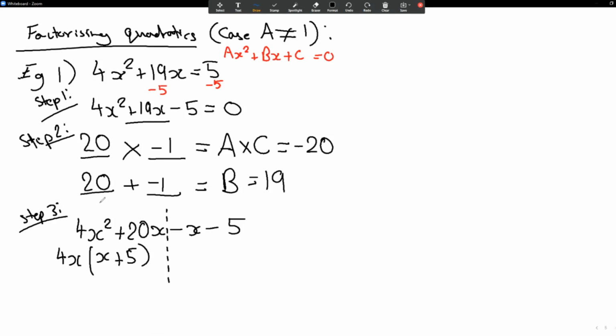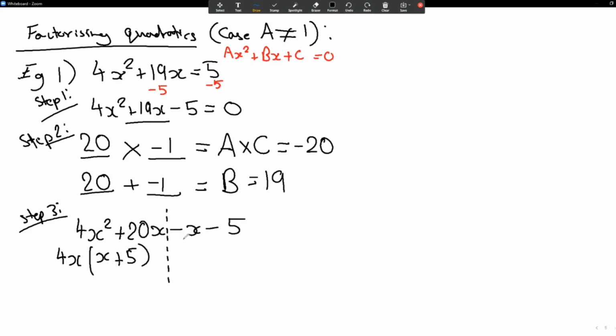Okay, so now that we've got this, our target for this next bit is to get the x plus 5 in the bracket here. So we want to get this same bracket on this right side. So we need to say, what can we take out of this to give us x plus 5 in the brackets?